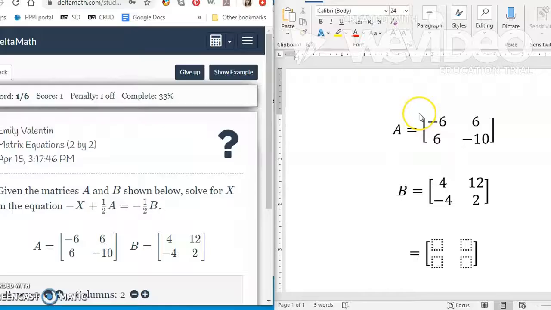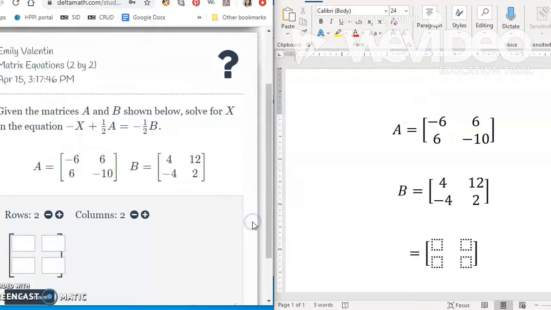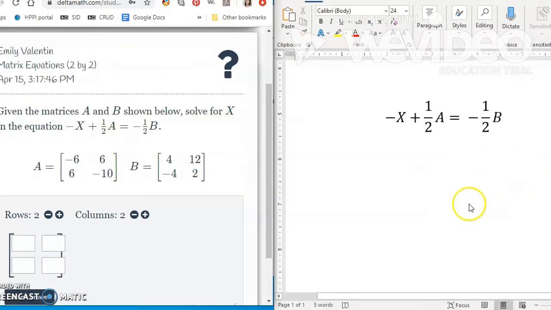Beautiful. So if I wanted to do one of these equation problems by hand, I could. In this one, I went ahead and typed it out. Again, I want to start by treating this x and a and b like regular variables. So if I was trying to solve for x, I would subtract 1/2 a from both sides.